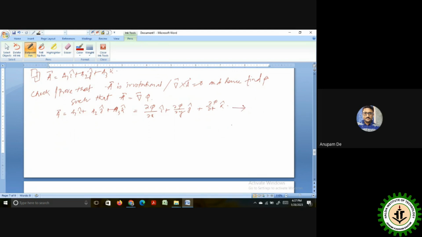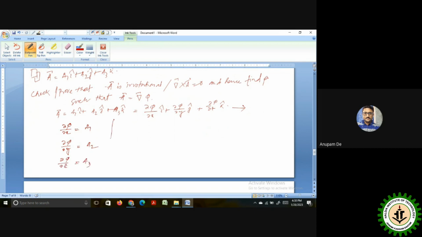Till this point, any question? No, sir. So if you compare both sides, you see del phi by del x will be equal to A1, del phi by del y will be equal to A2, and del phi by del z will be equal to A3.